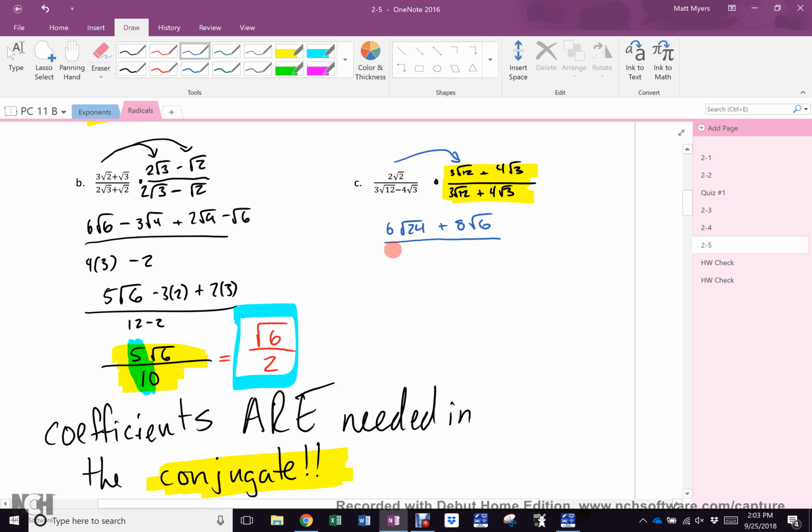Okay. 3 times 12, because the radicals disappear, minus 16 times 3, because the radicals disappear. Now let's simplify. 24 is 4 times 6, right? So what's coming out? 2. So I got 12 root 6 plus 8 root 6, because root 6 doesn't simplify.